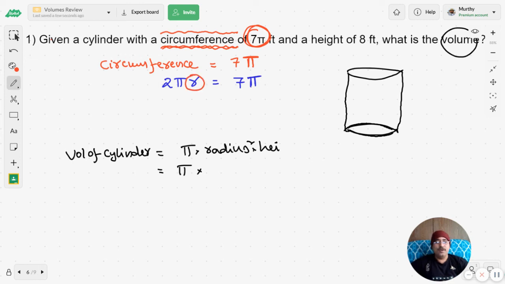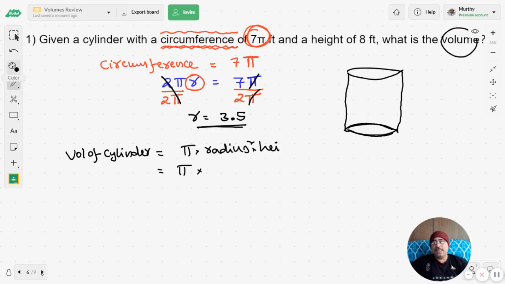We want the radius value. To isolate it, divide by 2 pi because 2 pi is multiplying. If I divide by 2 pi on both sides, pi and pi get cancelled. 7 over 2 gives me 3.5.